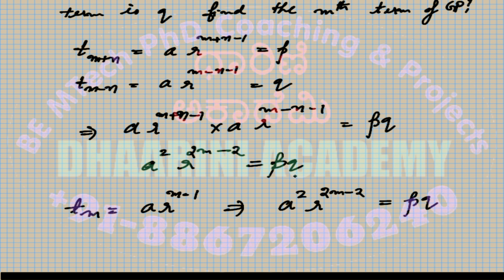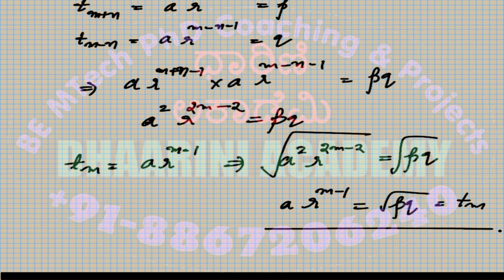You can take square root on both sides. When you take the square root, left hand side becomes A into r to the power m minus 1, that is nothing but root of PQ. This itself is Tm. So the mth term of this particular sequence is root of PQ.